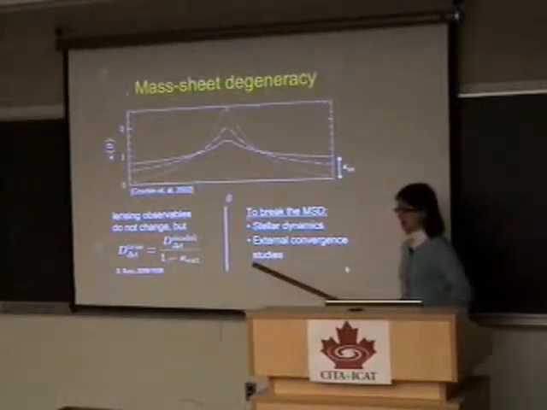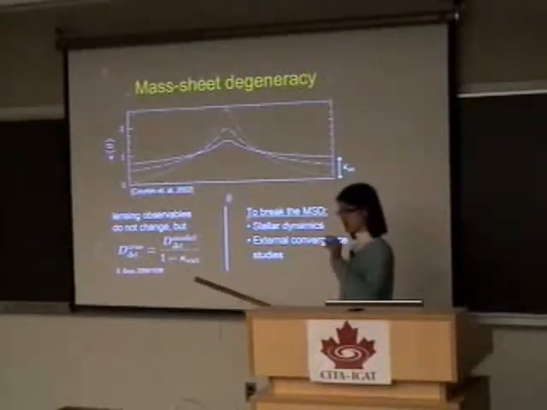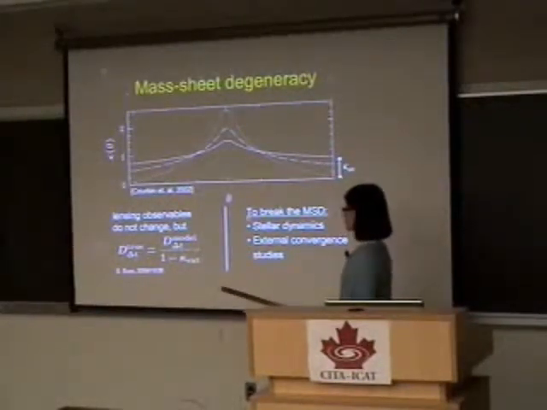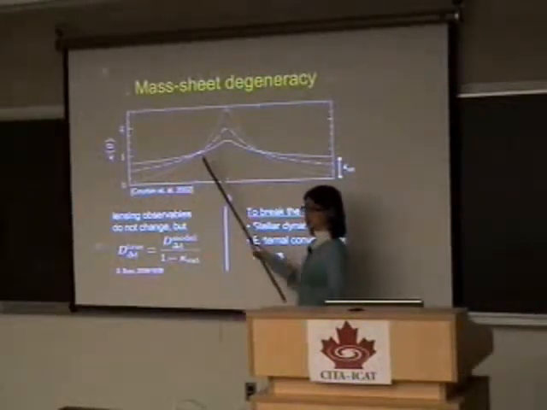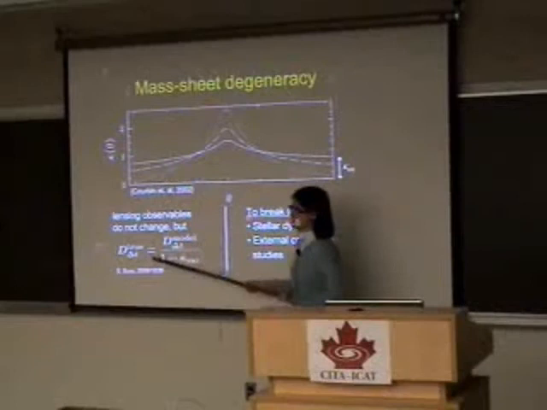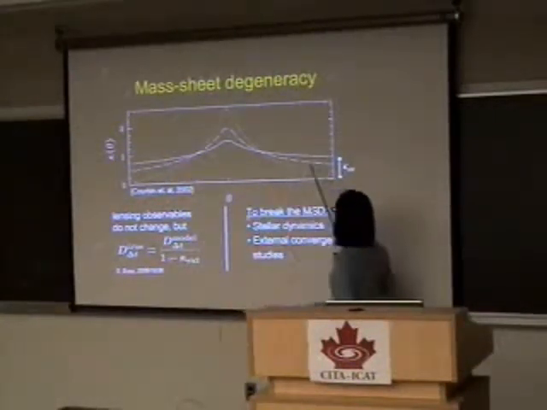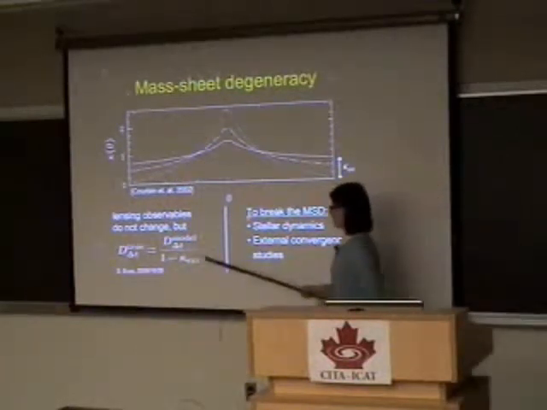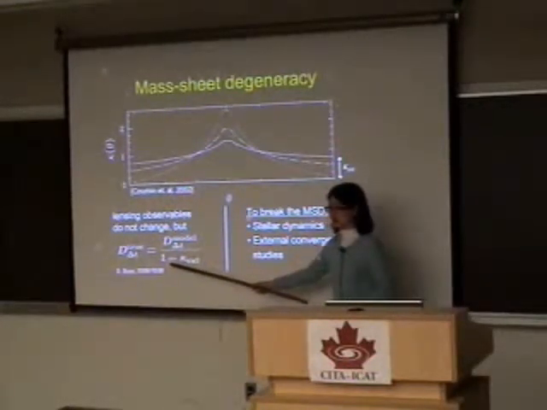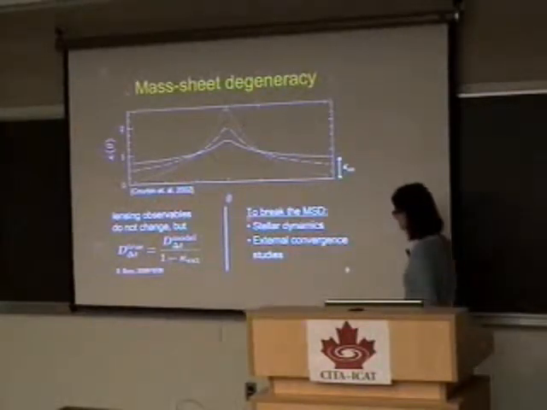What happens is that all lensing observables, that is the image position, the image shape, the relative flux ratio, they're all invariant under this transformation to the surface mass density. However, the time delay distance scales as 1 minus kappa external, where this is the amount of sheet we're adding. This is problematic because all our cosmological information comes from the time delay distance.